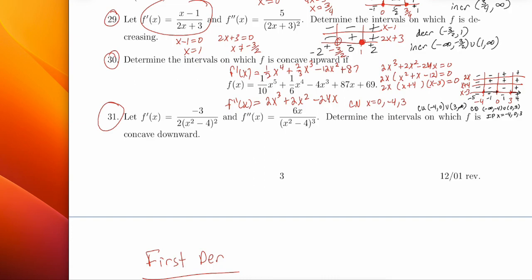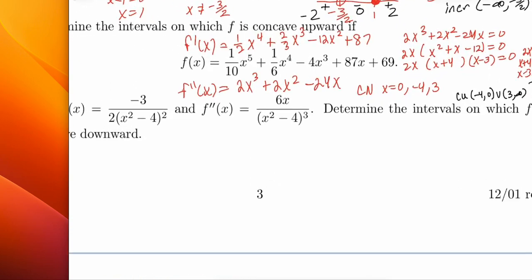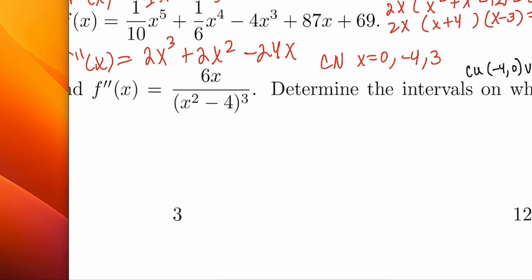Let me just remind you, if I said, where is the function increasing, or where is the function decreasing, which derivative do we use? The first derivative. But if I say, where is the function concave down, what do I use there? Second derivative.